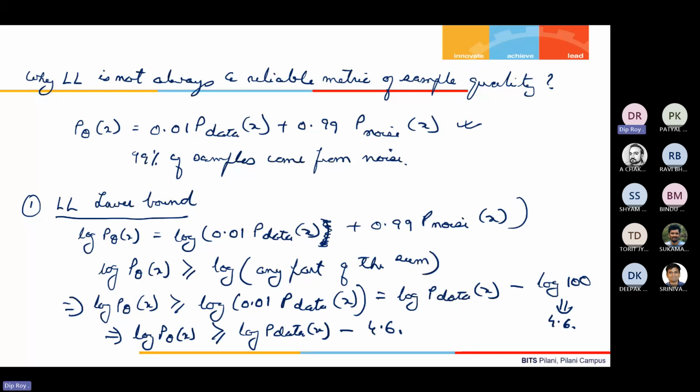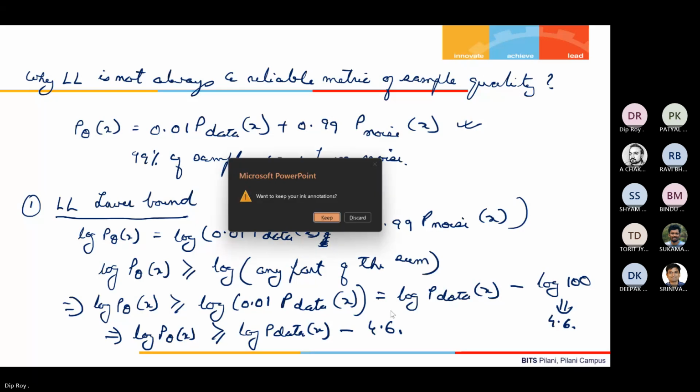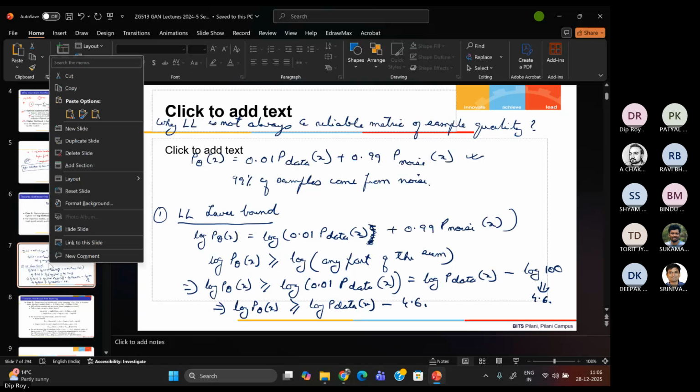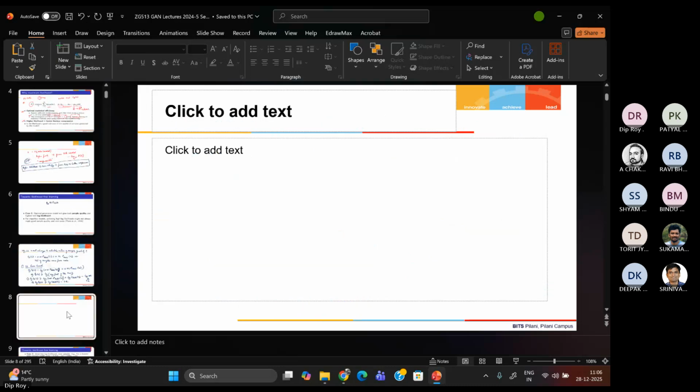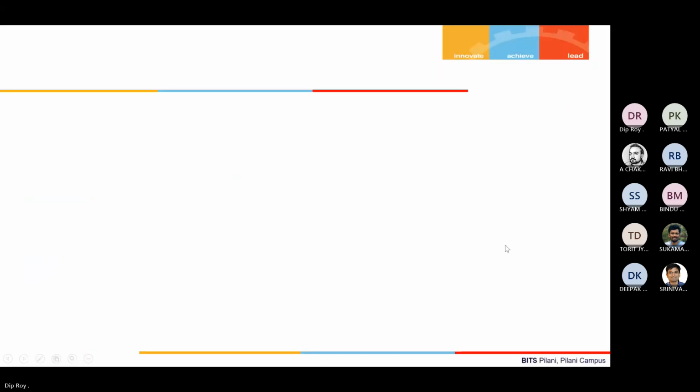Okay, let me get a couple of pages. So this is the first thing that we did. Now, we are going to calculate the log likelihood upper bound.